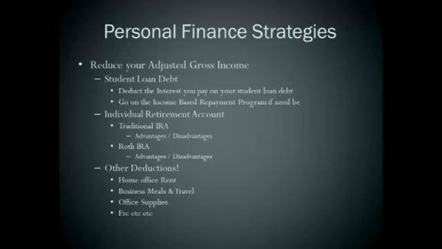Let's say you start at 30 years old. By the time you're 70 years old, having put $5,000 in your bank account every year that you would have otherwise been giving to Uncle Sam, you will have $1.4 million in your individual retirement savings account.